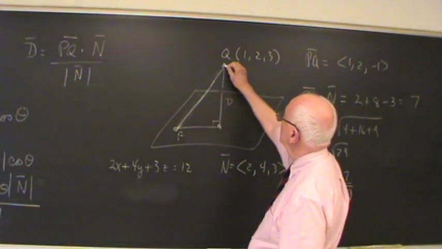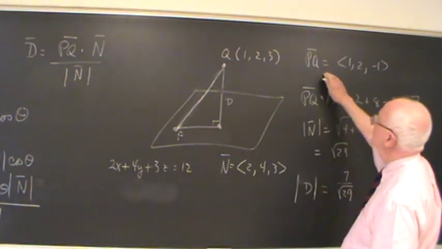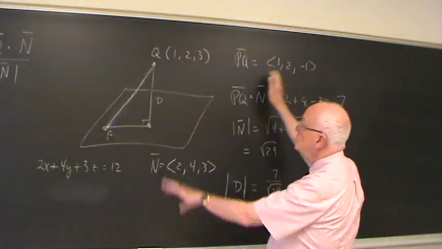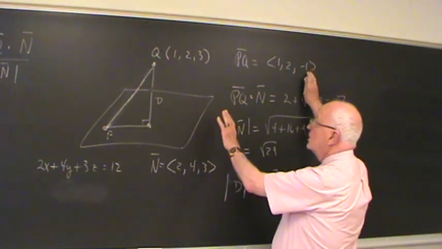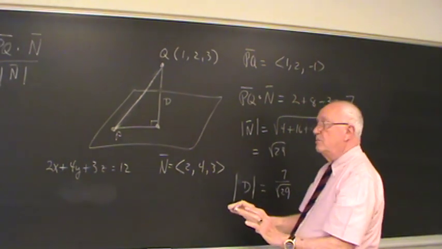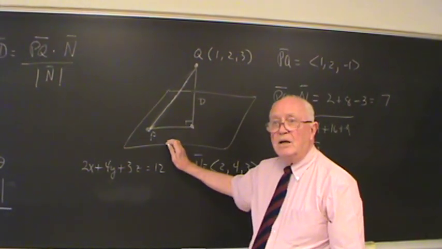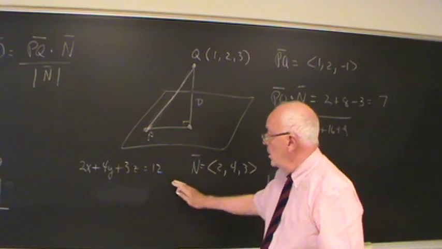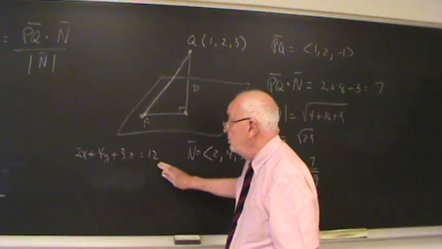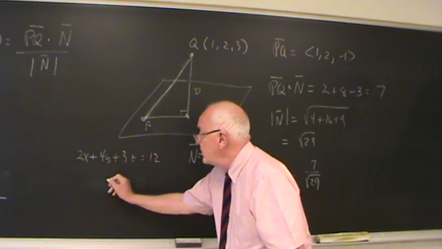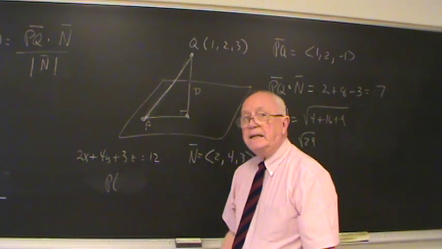So PQ is going to be this vector: 1 minus whatever the coordinates of P, 2 minus the coordinates of P, 3 minus the coordinates of P, and I need a point P on the plane. Well, this is the equation of the plane. So let's find a point P on the plane.